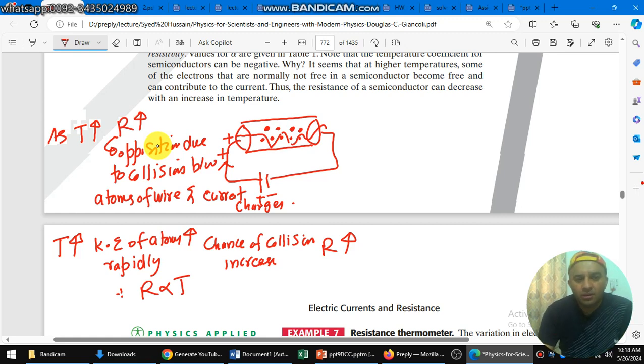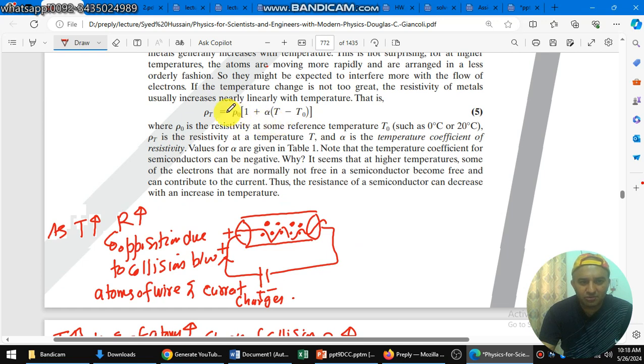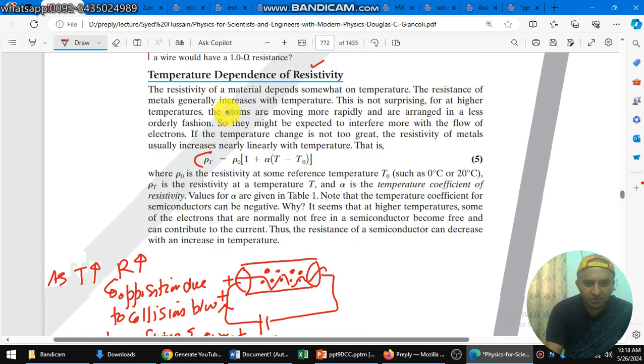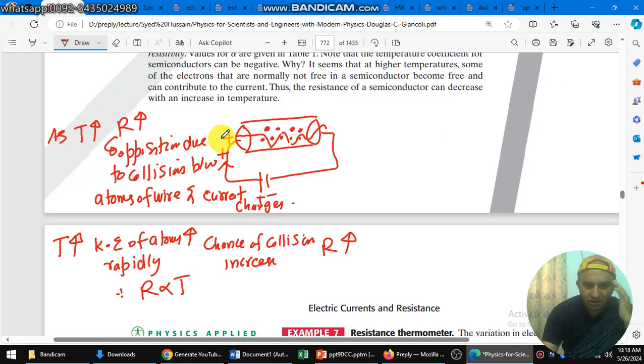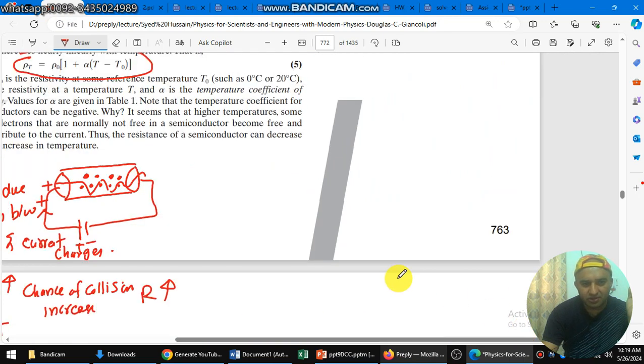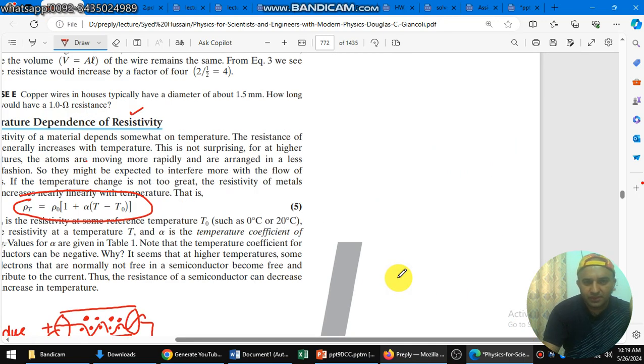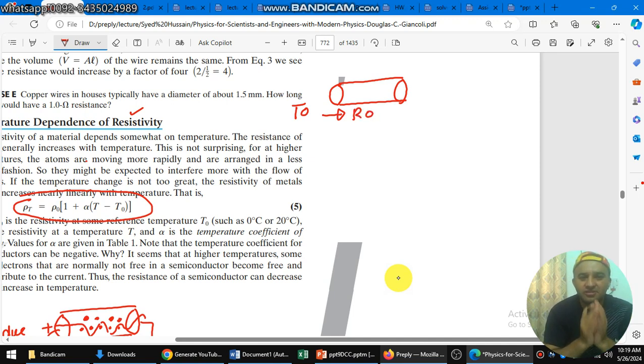Now the next thing: I have to derive this formula, rho T is equal to rho naught times 1 plus alpha into T minus T naught. In order to derive this equation, let me define first. Suppose we have a wire at the low temperature T naught, and its resistance is R naught.